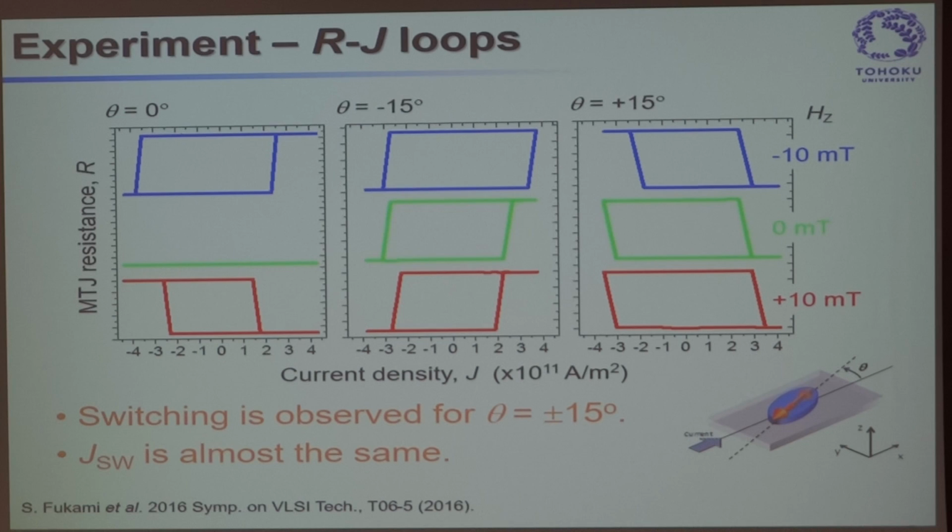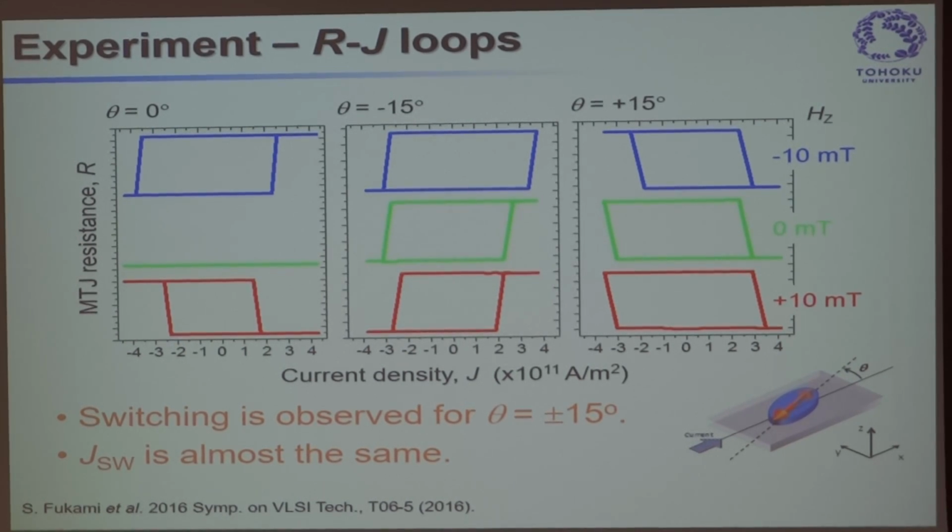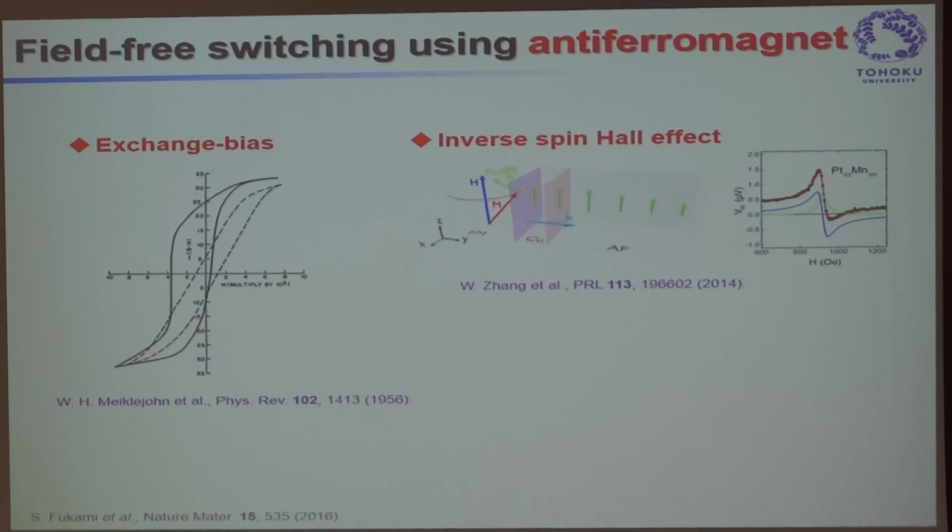All right, but in spite of the fact that people in the technology domain like to stick to the same material set, we actually deviated from that and tried something else: removing this field that is necessary, by using an antiferromagnet.